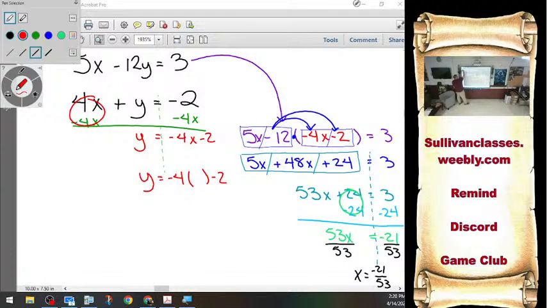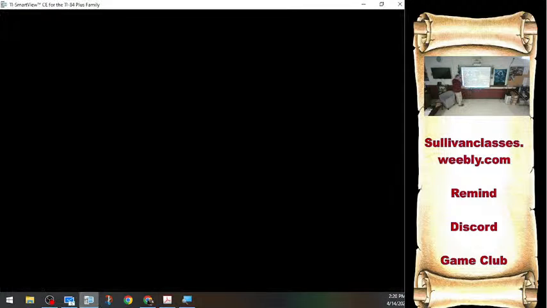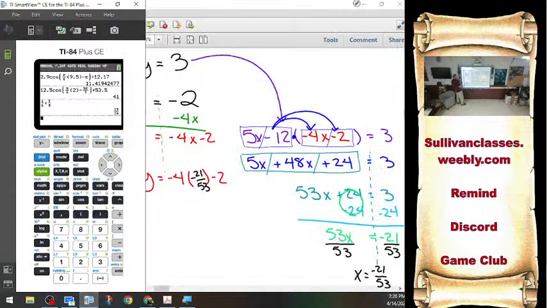If you don't know how to multiply that out, if you don't want to do the fraction, grab a calculator and make it do the hard work for you. Say negative 4 parenthesis, just like it's written. Alpha y equals is a shortcut menu on these calculators you have access to here in class.